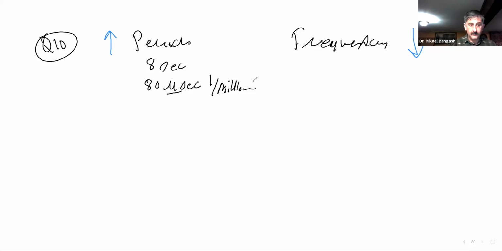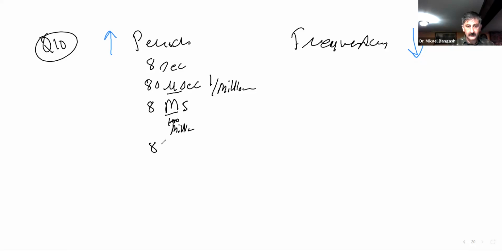Good. Then we have 8 megaseconds, which is going to be a plain million, so actually it's 8 million seconds.